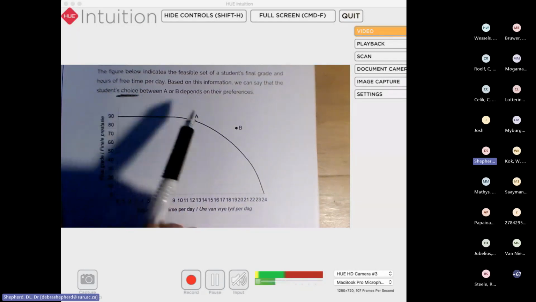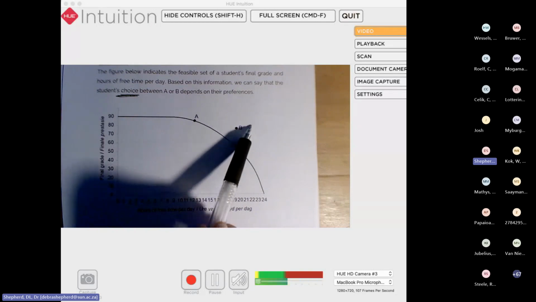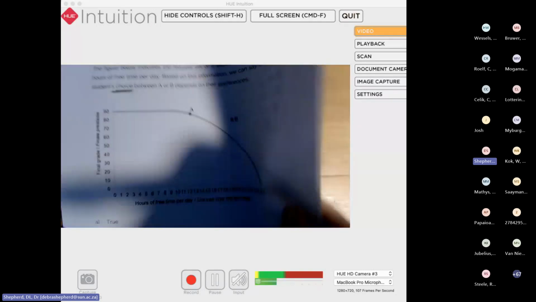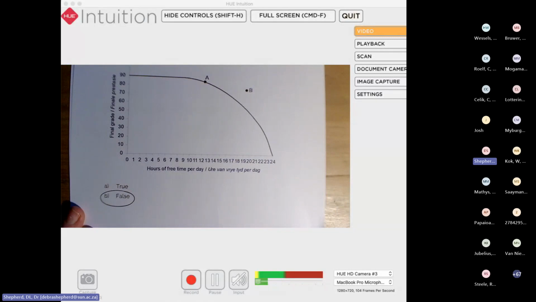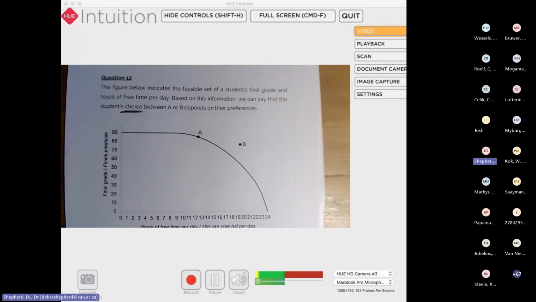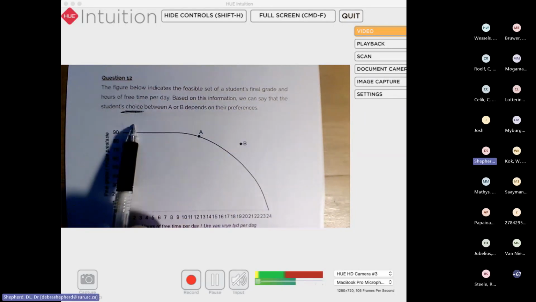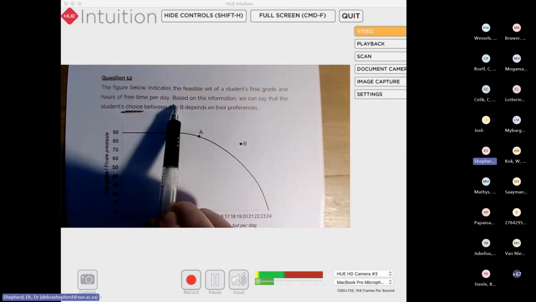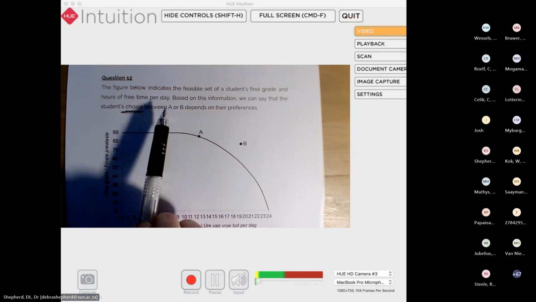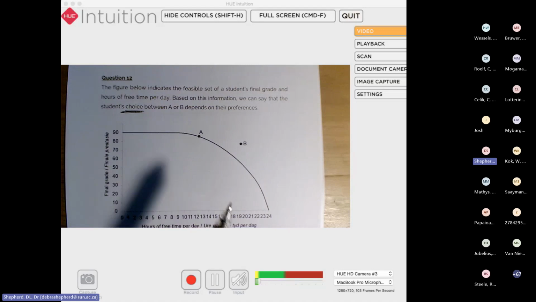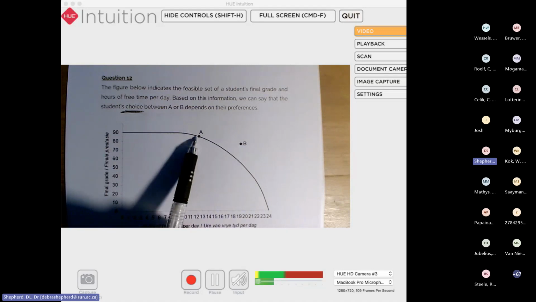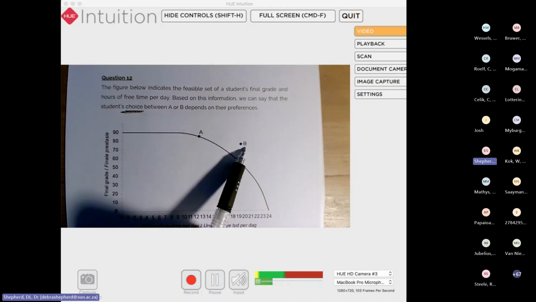So because B cannot be chosen, this is false. Okay, so it's a bit of a tricky question. If the question had said, based on this information, we can say that B is preferred to A, then it would have been true. By all means, B is preferred to A. But can B be chosen?